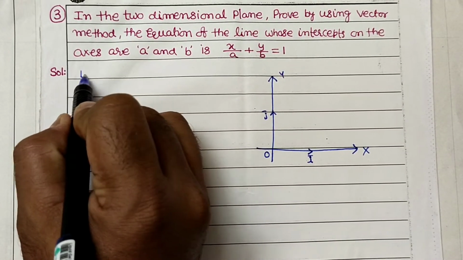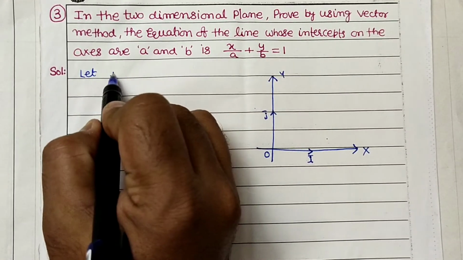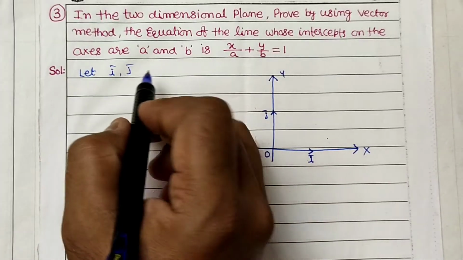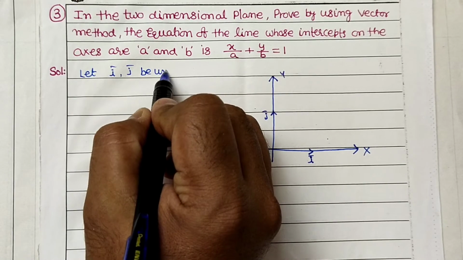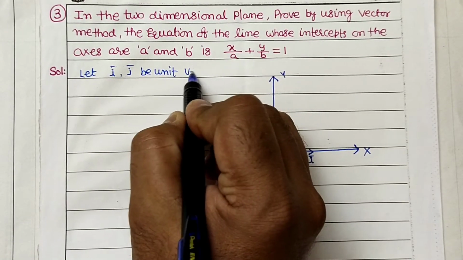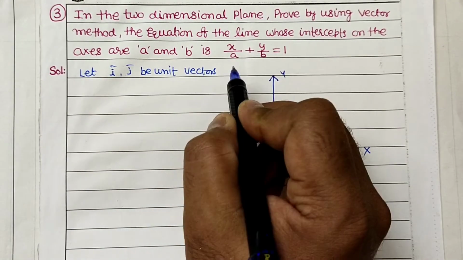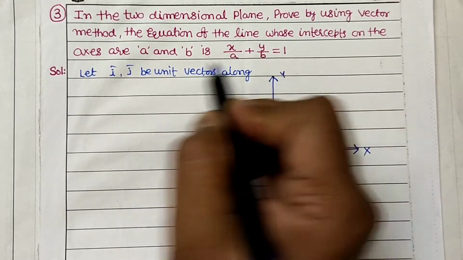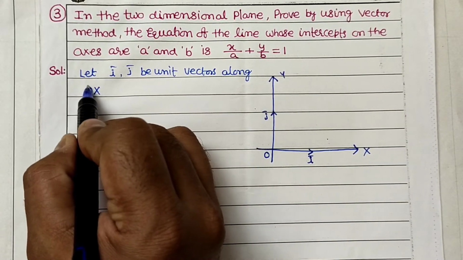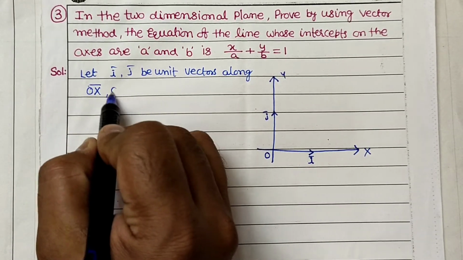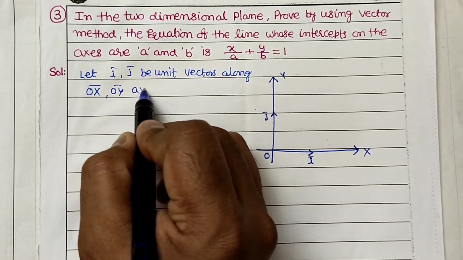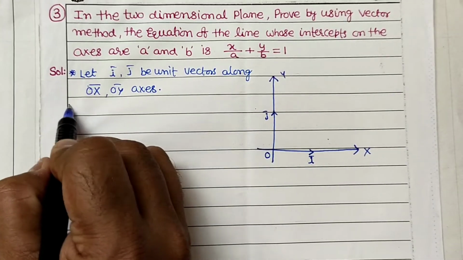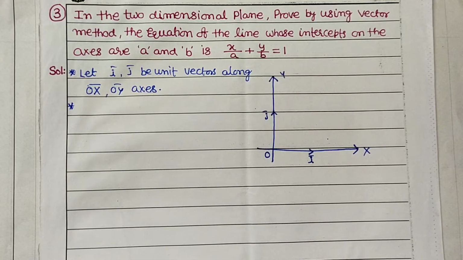Let I bar comma j bar be unit vectors along OX comma OY axis. That is the first thing.